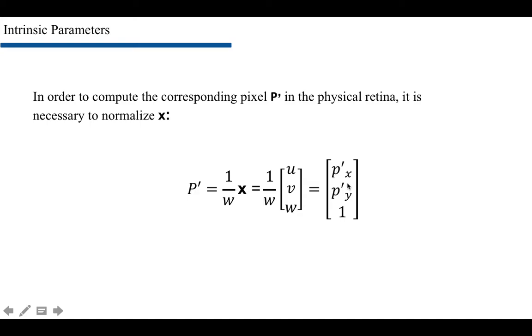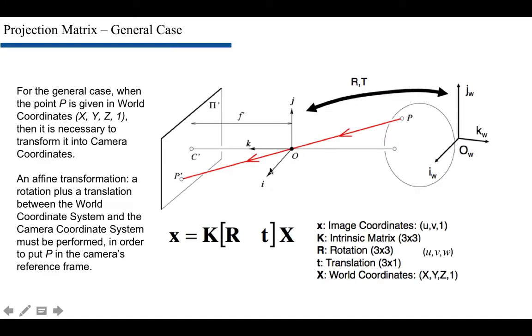Okay, but let's talk about the general case. We were talking about points that are described using the camera coordinate system. But normally there's always a global or world reference frame.